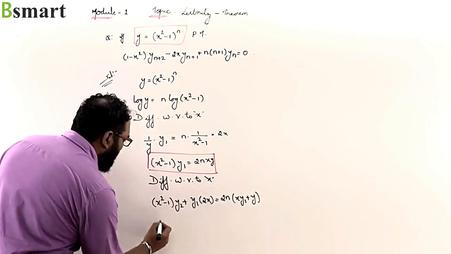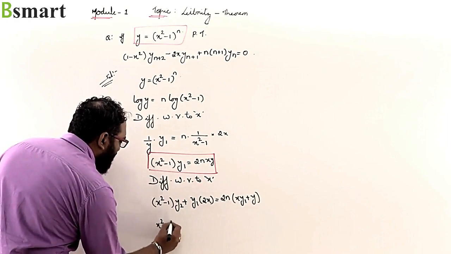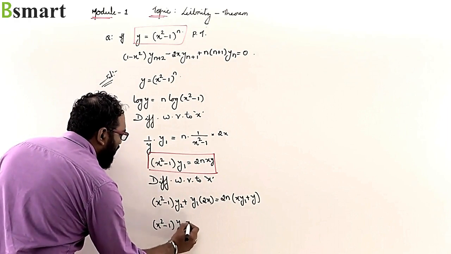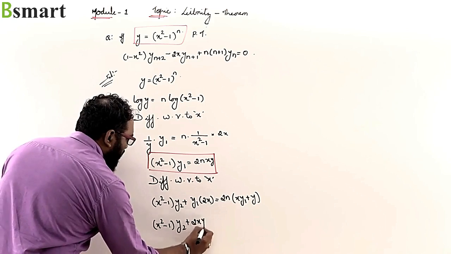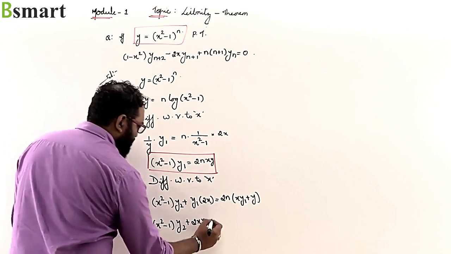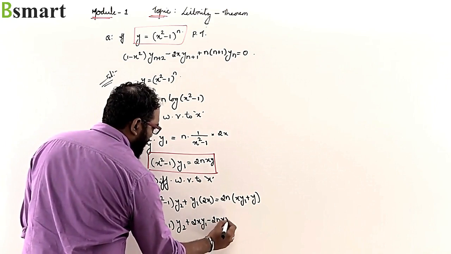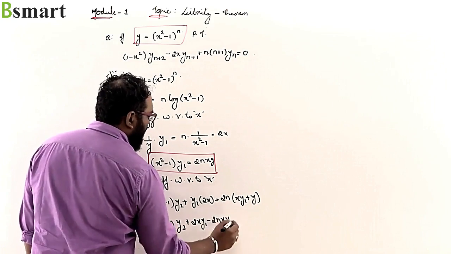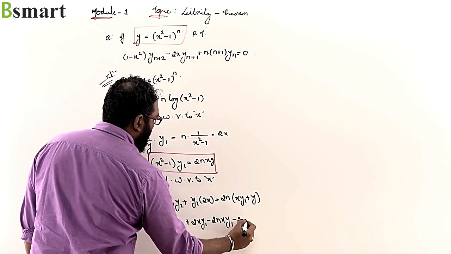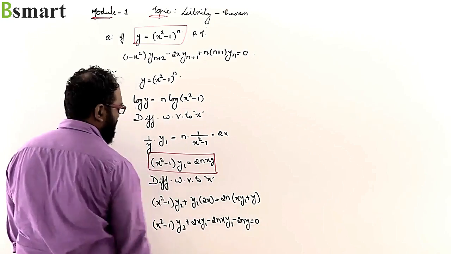If we simplify, this is (x² − 1) y₂ + 2x y₁ − 2nx y₁ − 2ny = 0.